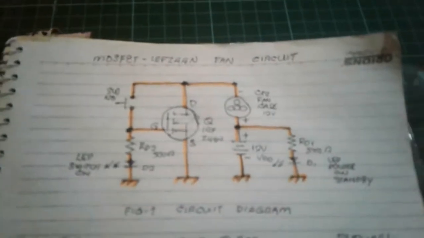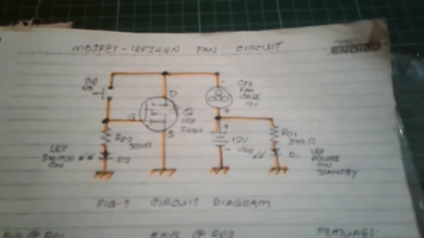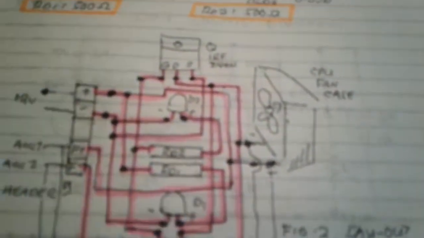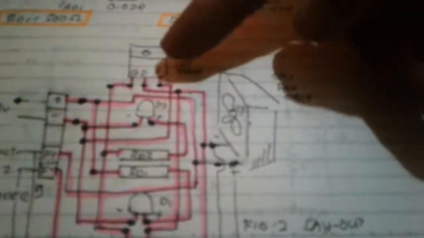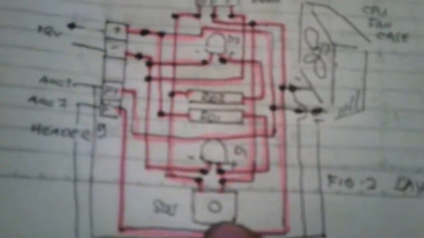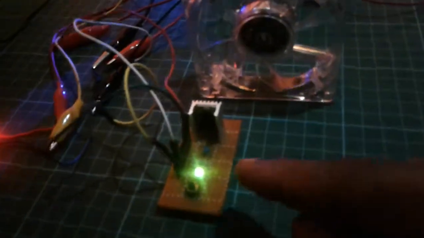This is IRFZ44N, and we already have this layout. We have the fan here, the Mosfet, the LED resistor, LED, and the switch, and this is the header. As you have seen here, we have the header here.